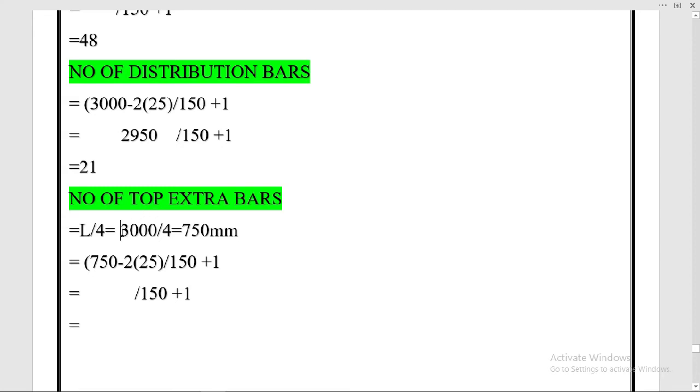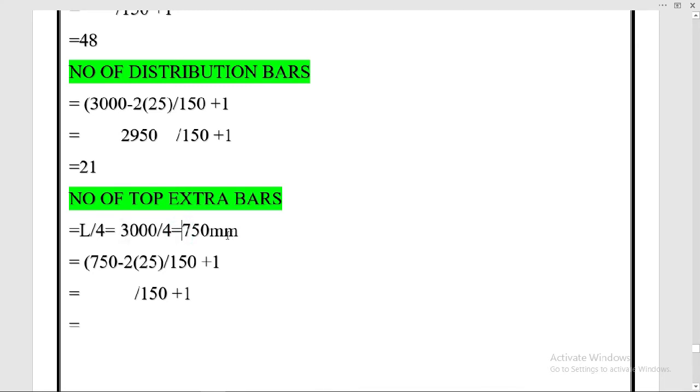So these are along the longer span. To calculate their number, we will take the shorter span length, which is 3000, divided by 4, L by 4 we have the formula. It will give us 750 millimeter.